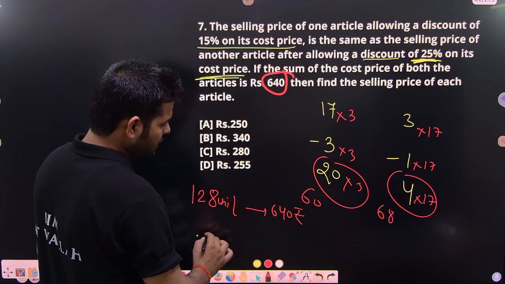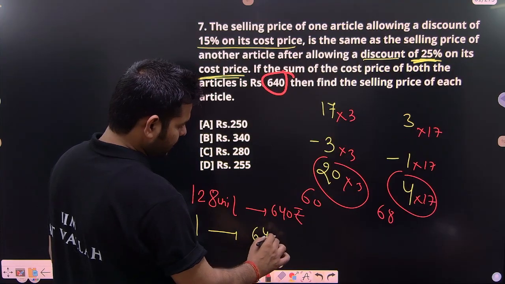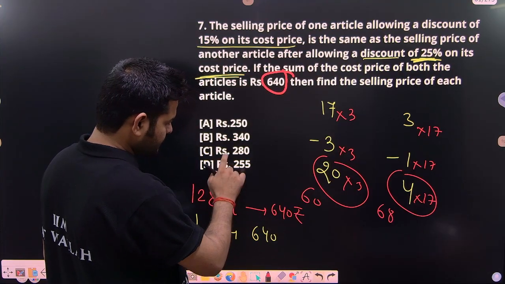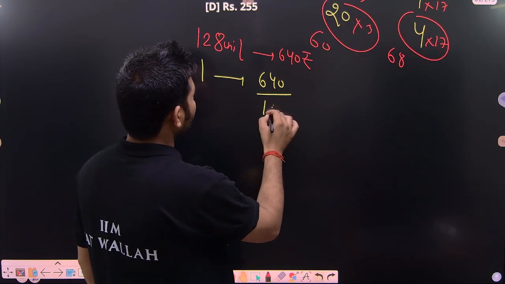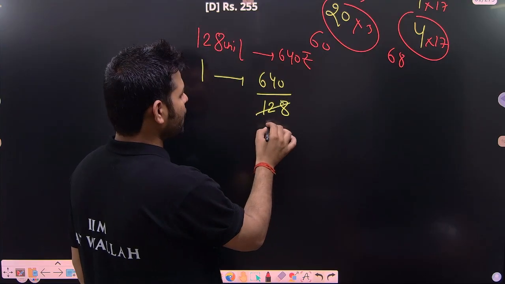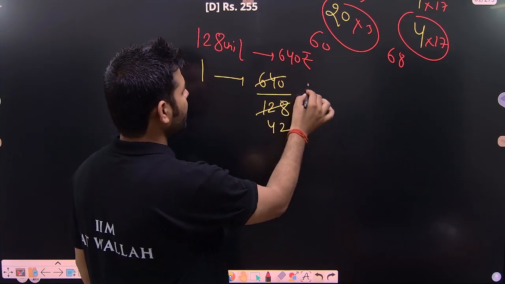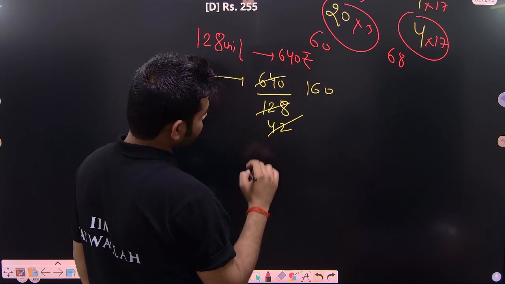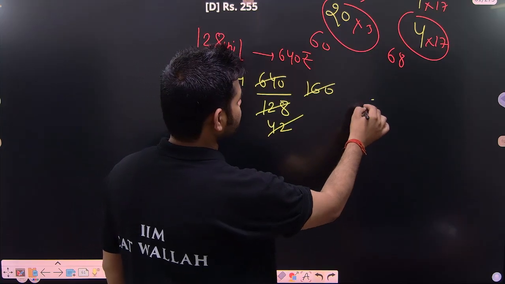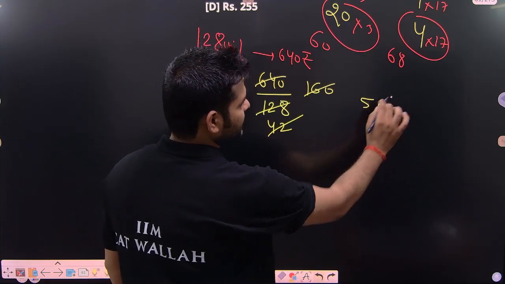So 1 unit cost would be 640 upon 128. If you cancel it out, directly 5. Fantastic. So 1 unit cost is rupees 5.